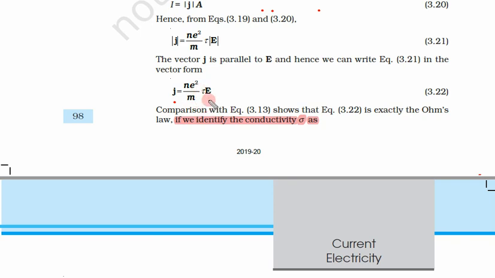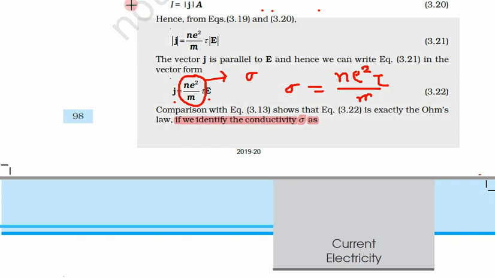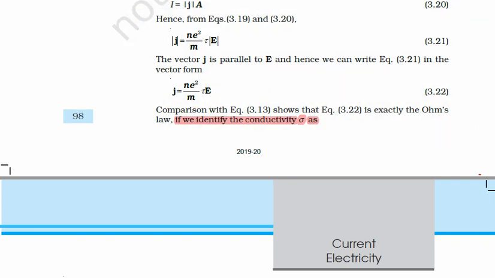J is equal to something into E. If we take this whole thing as a constant, let us call it sigma. On comparison, sigma is equal to n e squared tau by m. This whole thing is sigma, the conductivity of the material. So this is also Ohm's law, and this generally comes in your final exam: prove Ohm's law from the electron drift velocity.